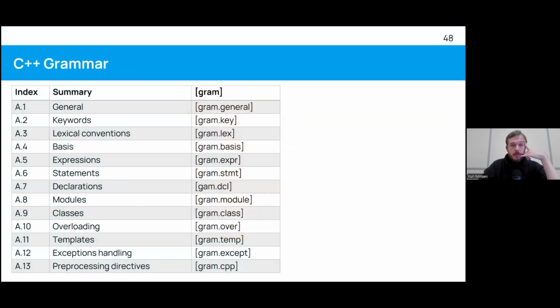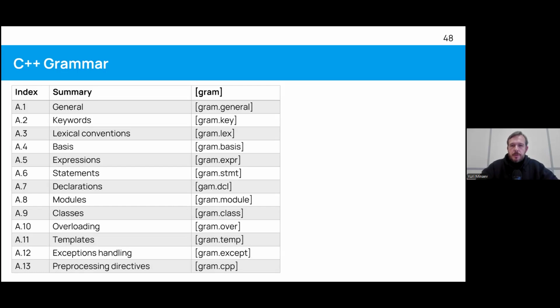It also has grammar, which is enormously huge. And if you want to create a parser for a language, you probably want to start where it's easier. And the easiest thing to start, usually expressions, because they are straightforward, at least.